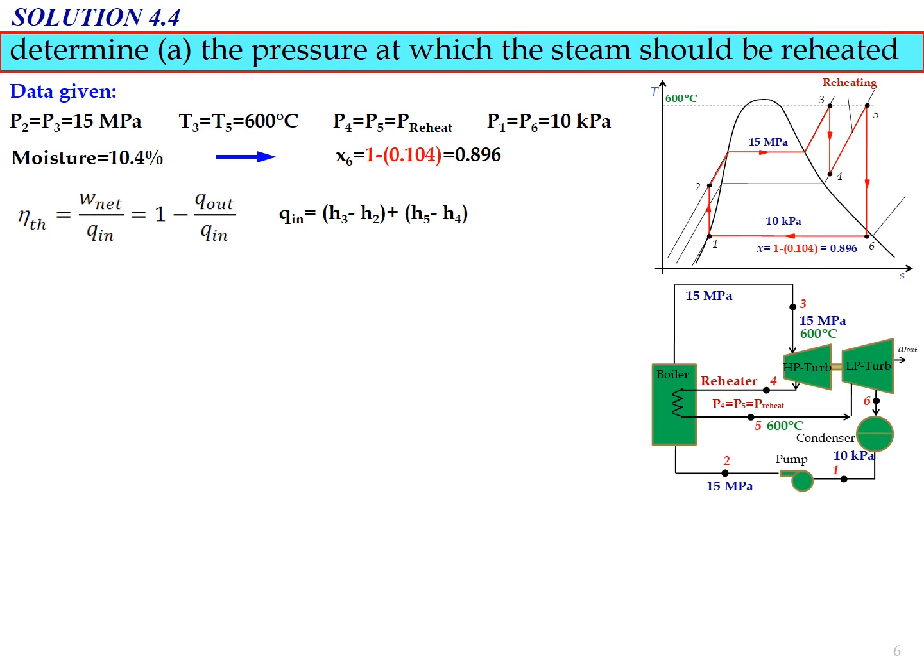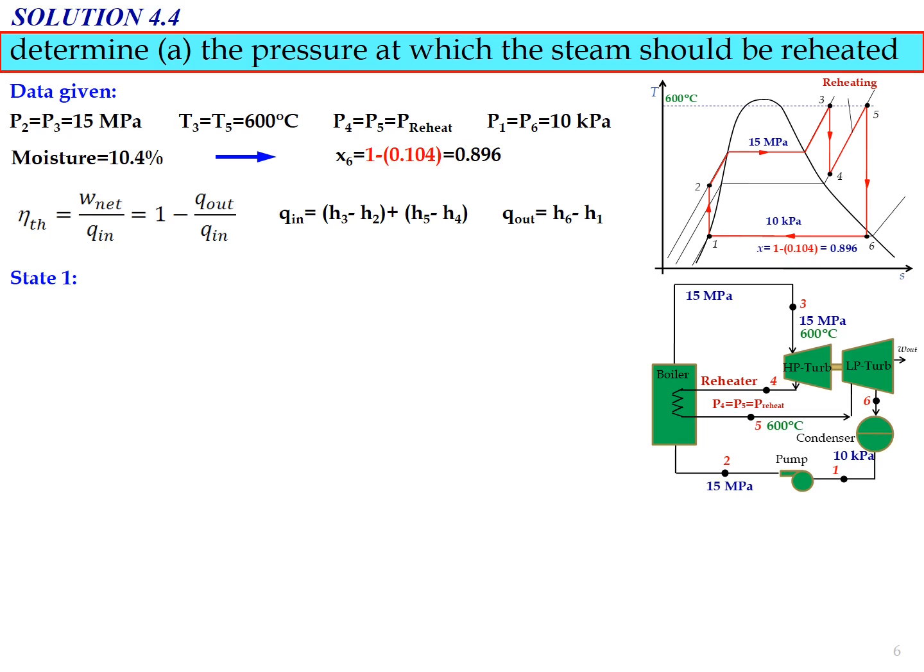If we look at the TS diagram and also the schematic diagram, the formula for Q in will be H3 minus H2 plus H5 minus H4, and Q out will be H6 minus H1. That's why we need to determine the value of enthalpy for each state involved.